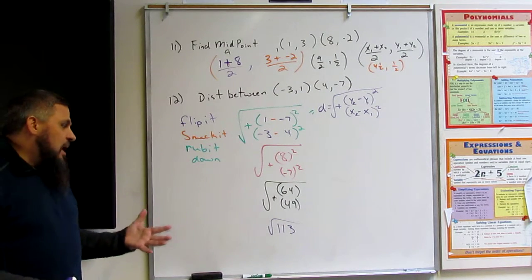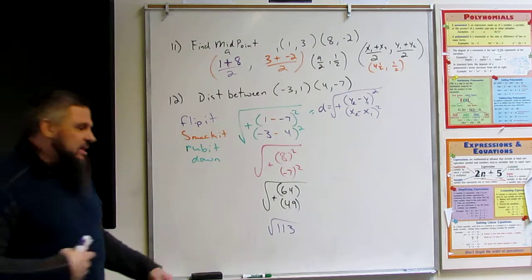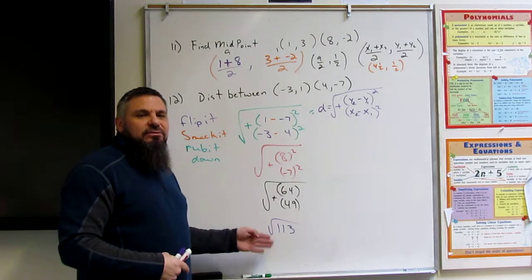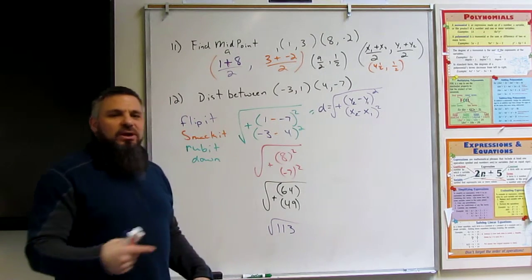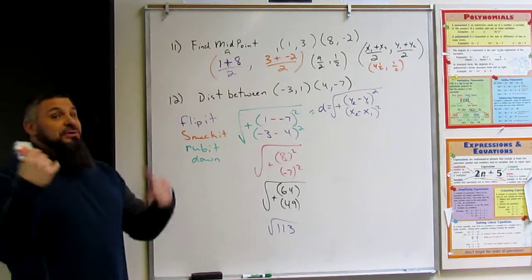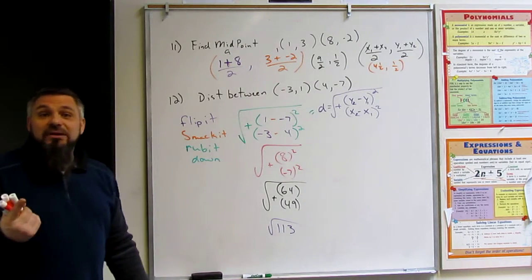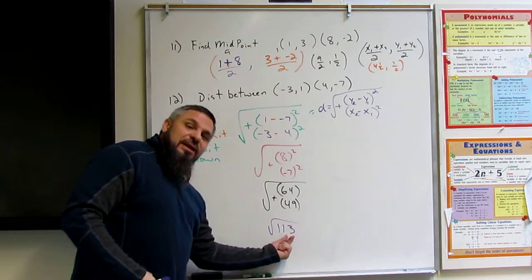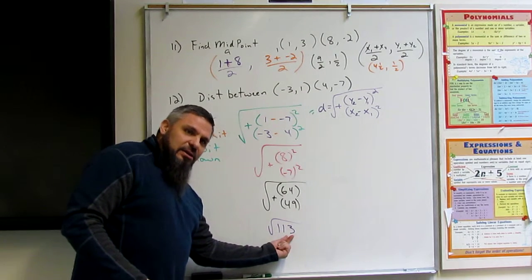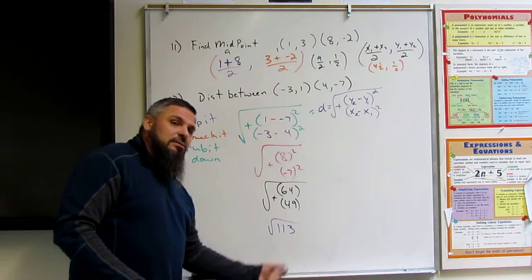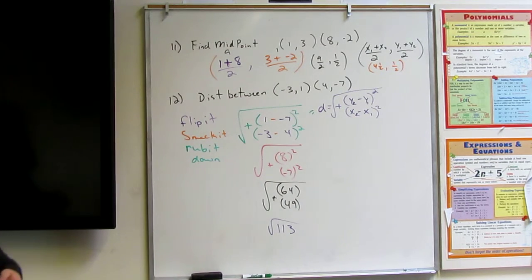Nope. 7 you kind of have to do. 7 goes into 11 once with 4 left over, but 43, no. If it was 42, we'd be golden, but 43 doesn't work. 49 would work. If this were a 119, this would have worked with the 7. So that's something to remember. Just because it ends in a prime number doesn't mean it's prime.